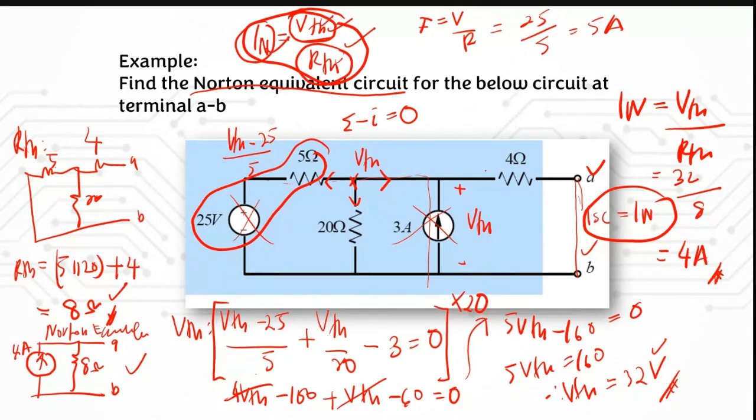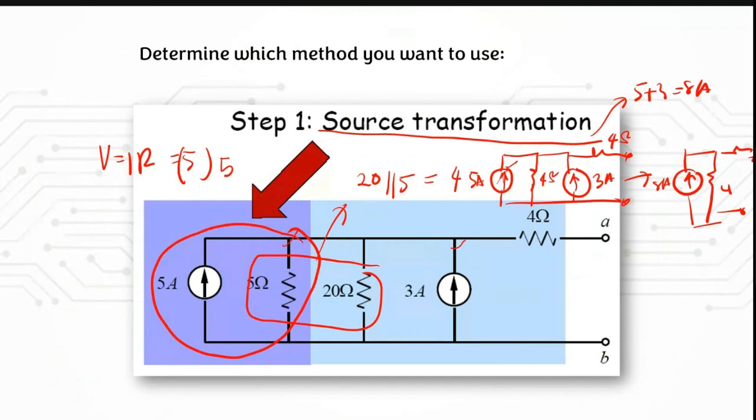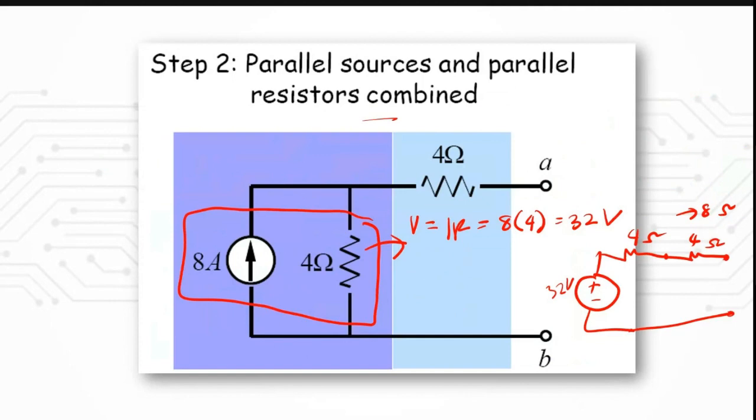And then the other thing that this example is showing is you can use the source transformation. You can even use any other method that you learned in earlier chapters. Source transformation, superposition, you can use any other method that you like to use and are comfortable with.